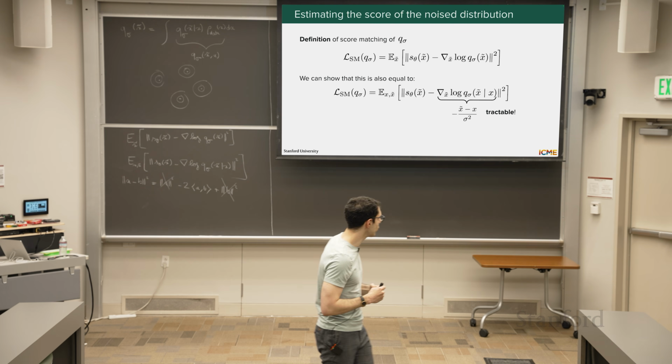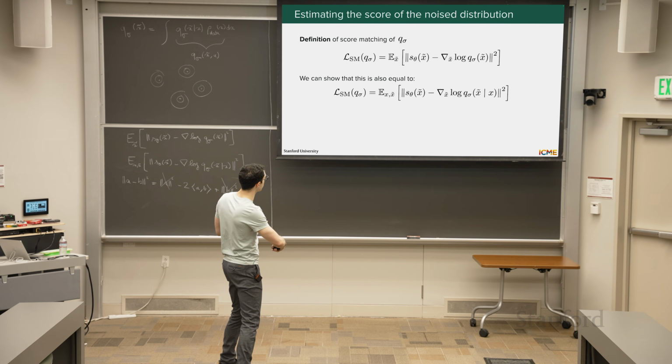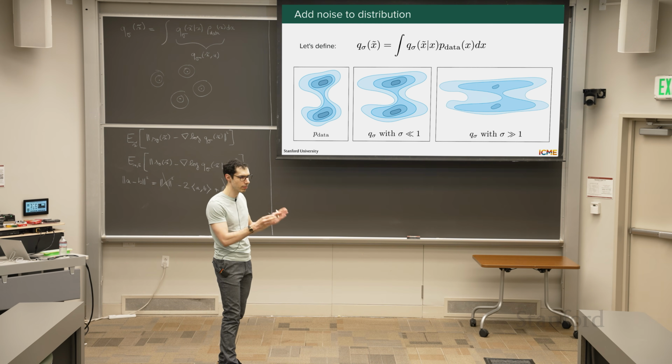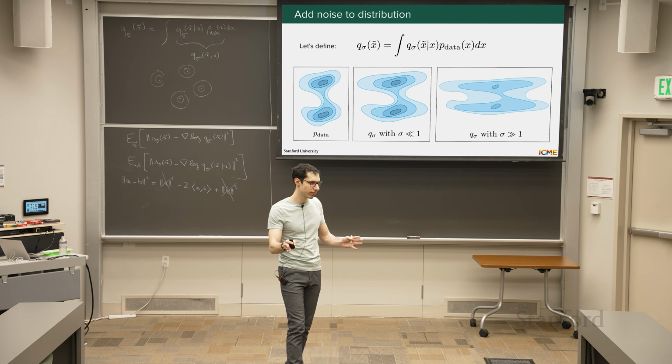Great question. So the question is, what is the intuition behind this being the same? I think the intuition goes back to the way you define Q sigma and the way taking the expectation works.